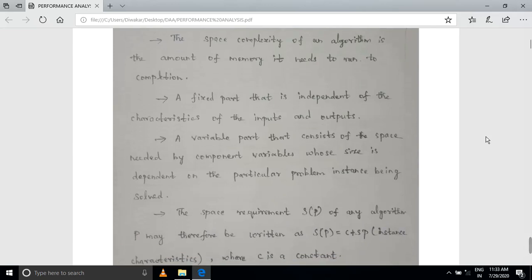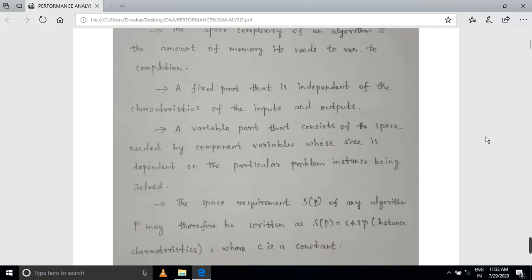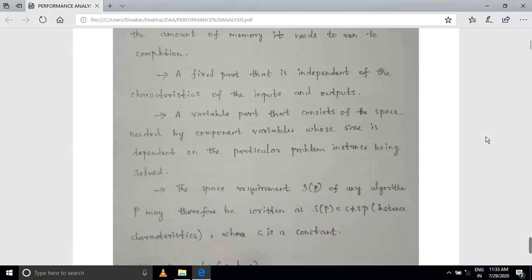The space requirement S(P) of any algorithm P may therefore be written as S(P) = C + Sp, where C is a constant.